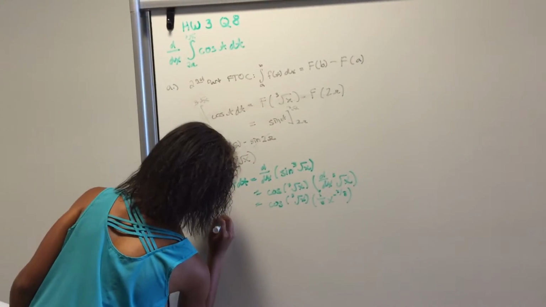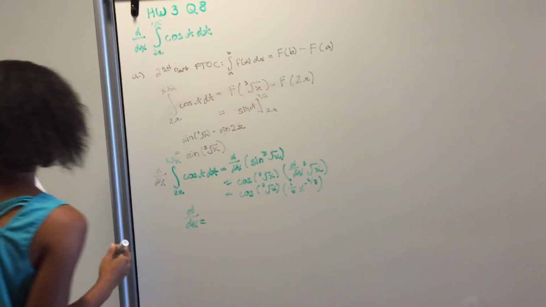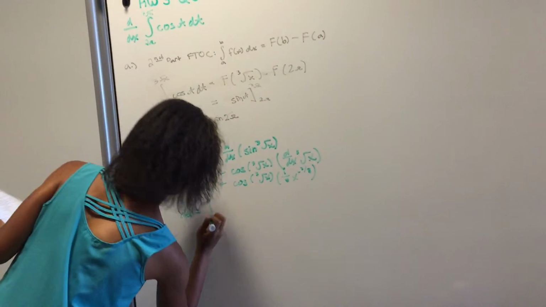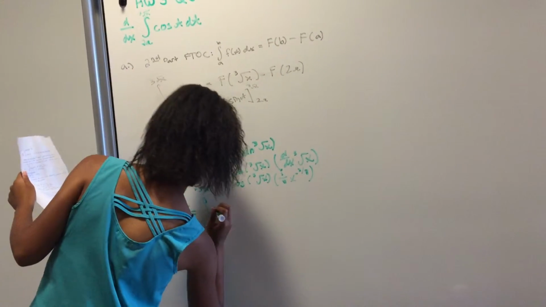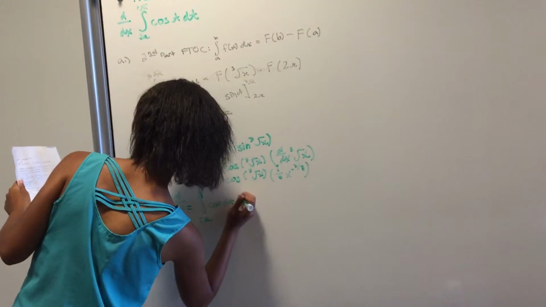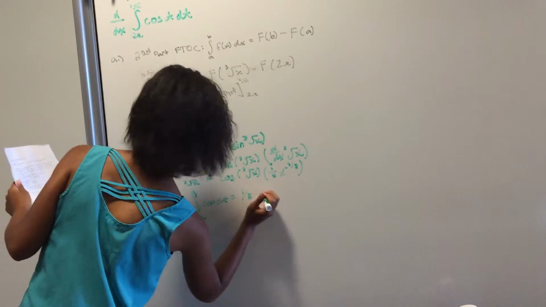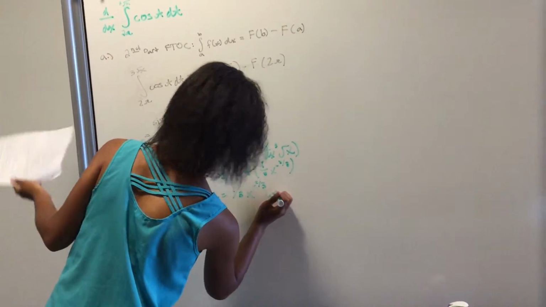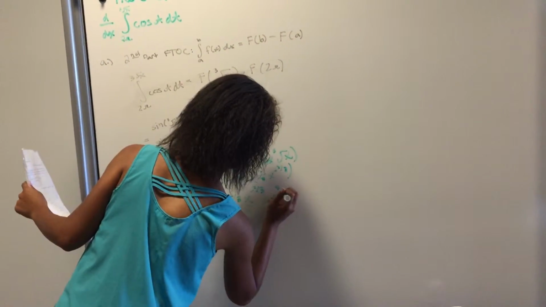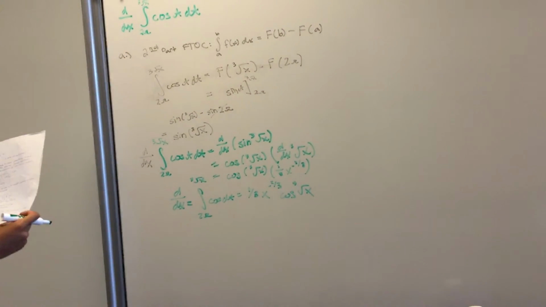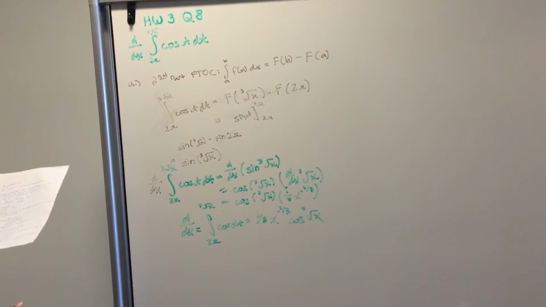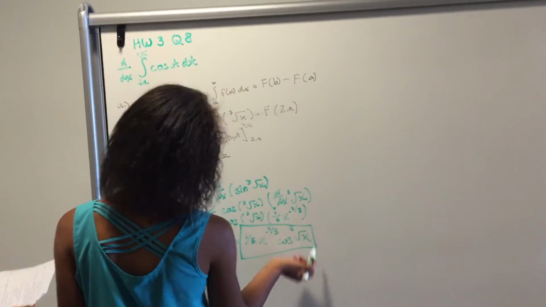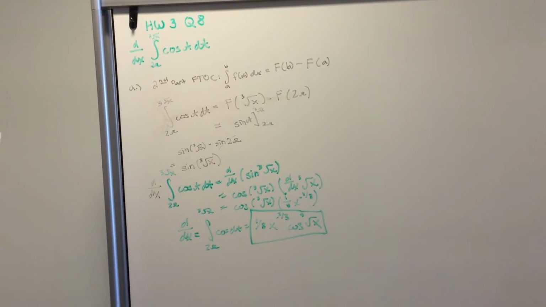Therefore, d dx of the integral from 2 pi to third root x of cosine t dt equals 1/3 x to the negative 2/3 cosine of third root x. And this is just based on basic integration. Okay, and that's the answer using the second part of the fundamental theorem of calculus.